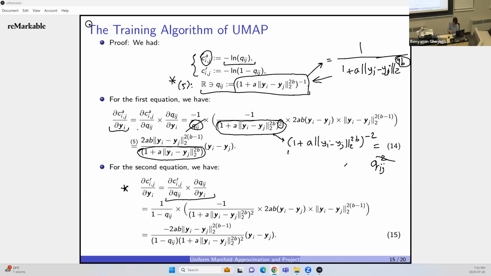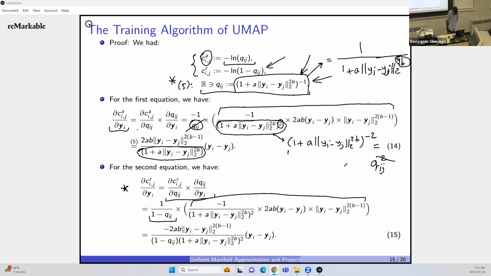According to this equation, the derivative of the repulsive force with respect to Qij is 1 over 1 minus Qij, for the derivative of the logarithm, right? And also here, with the same explanation that I gave for this, the derivative of Qij with respect to Yi is this, right? It's just the derivative of a fraction.